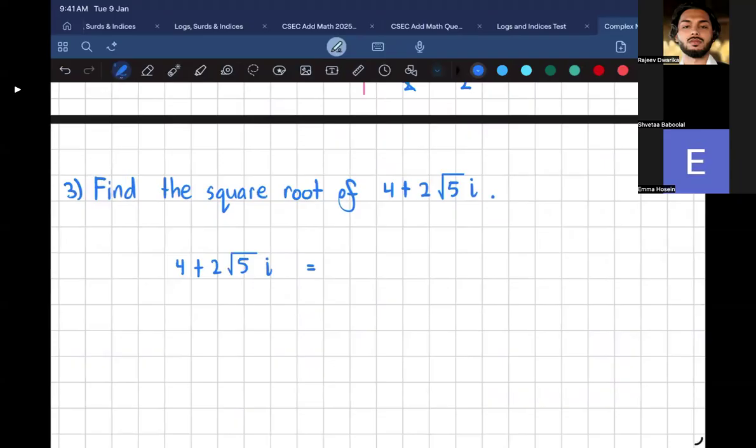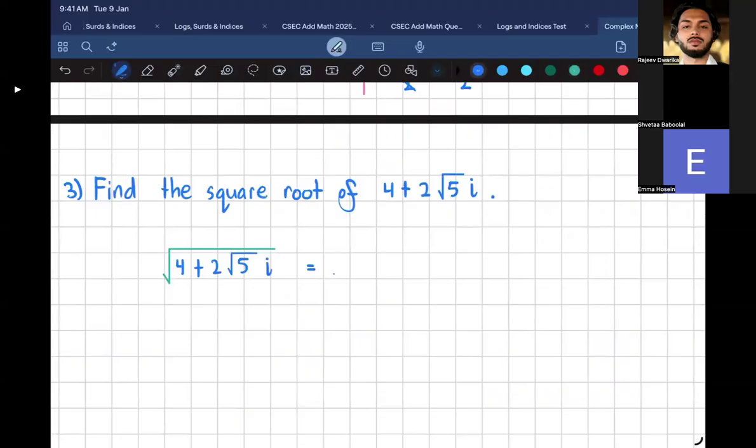So if you find the square root of this, let me use green. I use some typical whiteboard colors, like green, red, blue. It's kind of like writing on a mini whiteboard.